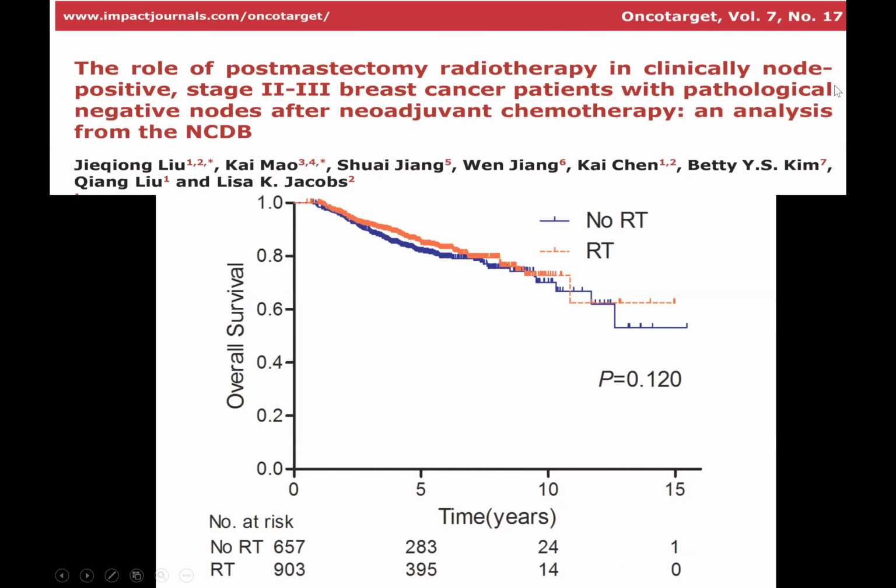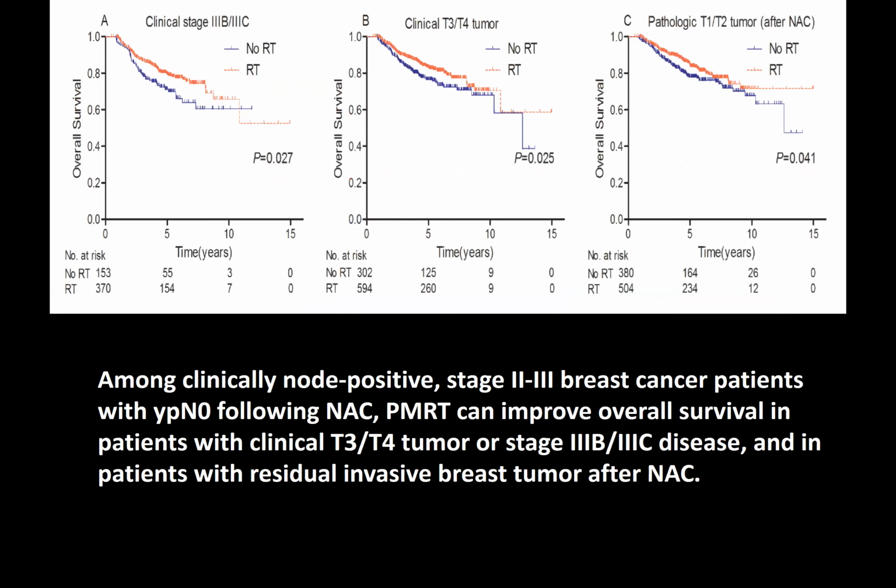As you all know, radiation indications basically depend upon the pathological stage of the disease. We also started thinking about the biological aspect of the tumor, where we know aggressive biology has a higher chance of loco-regional relapse. So basically there is not much survival advantage of radiation; rather it produces much loco-regional benefit.